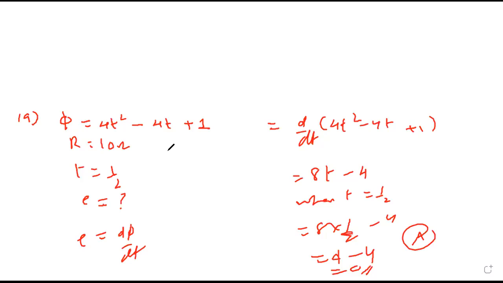The core of transformer is laminated to reduce self-induction. The core of transformer is laminated for what? To increase the efficiency, so that there is no heat loss. Okay. Hello? Yes, sir.